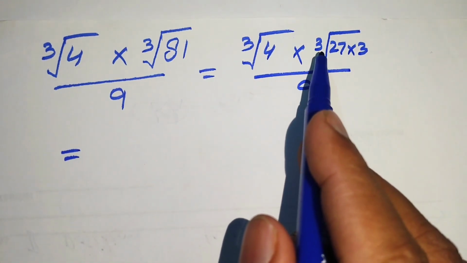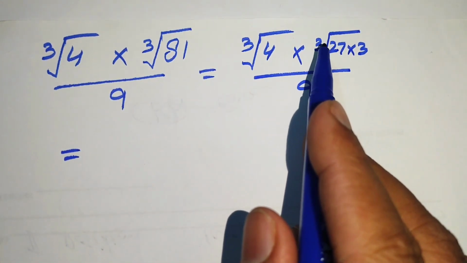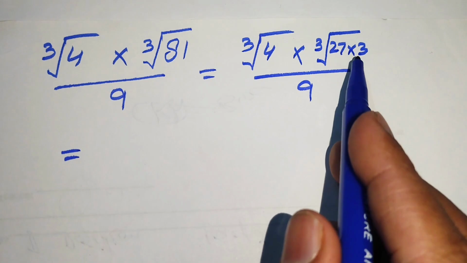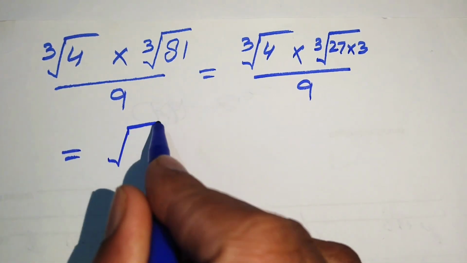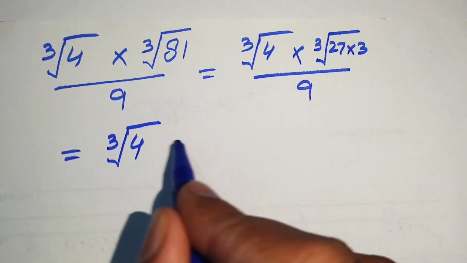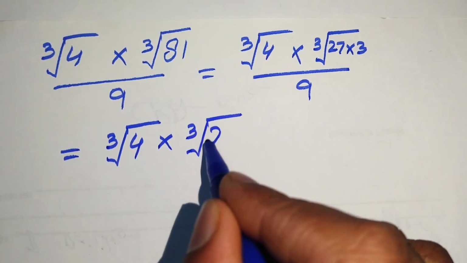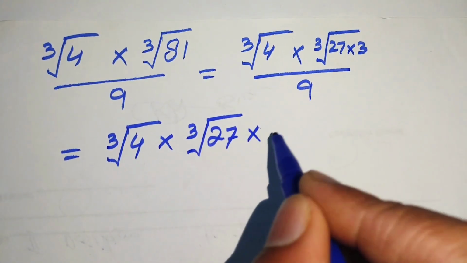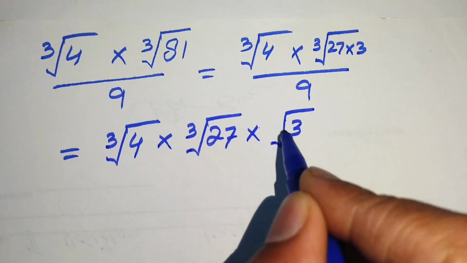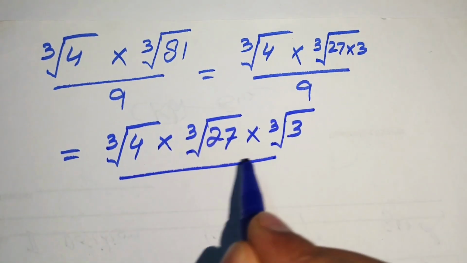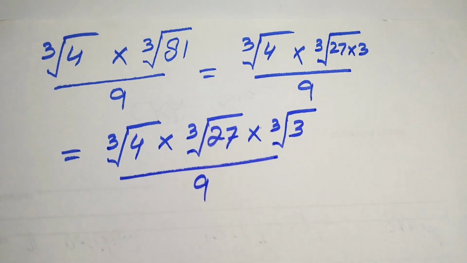According to this radical law, we apply this radical separately on both of these terms, and it will be written as cube root of 4 multiplied by cube root of 27, multiplied by cube root of 3 and divided by 9.